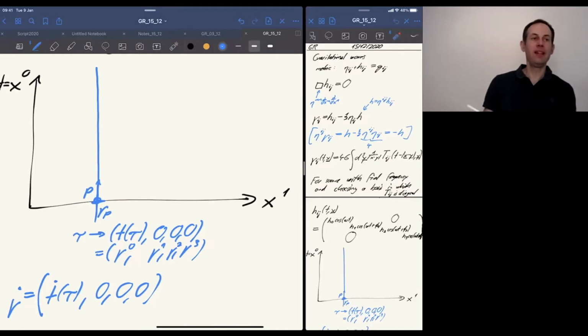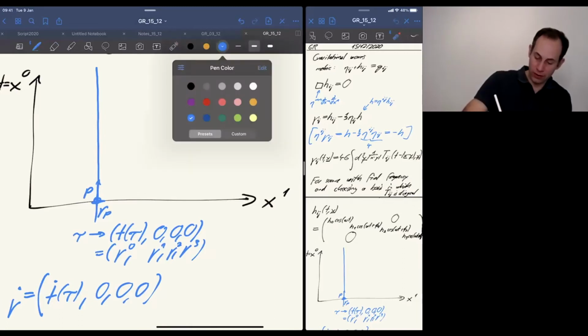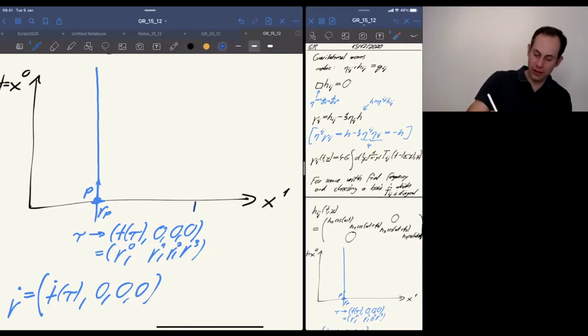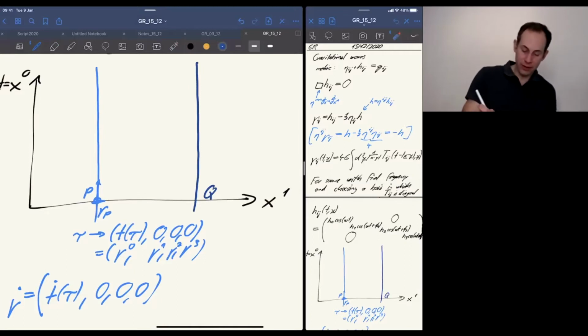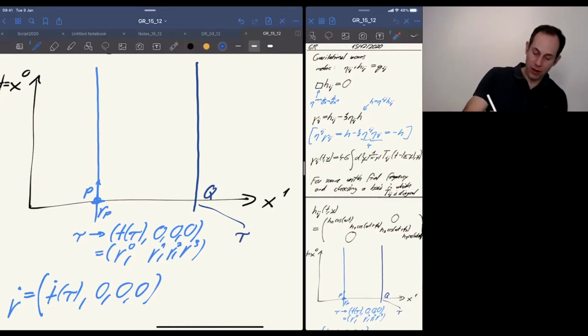And this is independently of where they are. So I could have another coordinate line. Let me put it here. Let's maybe use another color. It could be another point. Let's call that point Q. And that has another world line, gamma Q. And this world line would be something like tau maps to, again, t of tau.